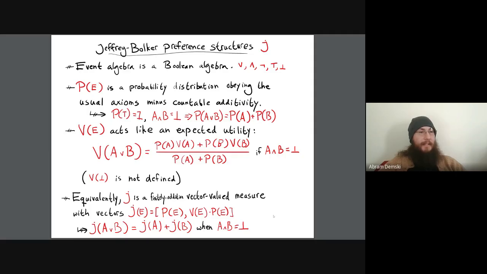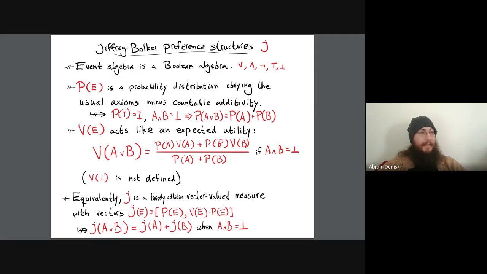So it's kind of like the difference between pointless topology versus point set topology. We're not directly dealing with these worlds that are outcomes. Instead, we're directly dealing with an event algebra and defining everything on that.